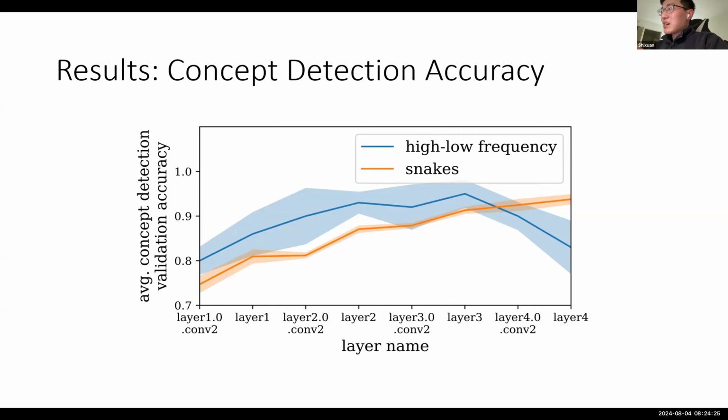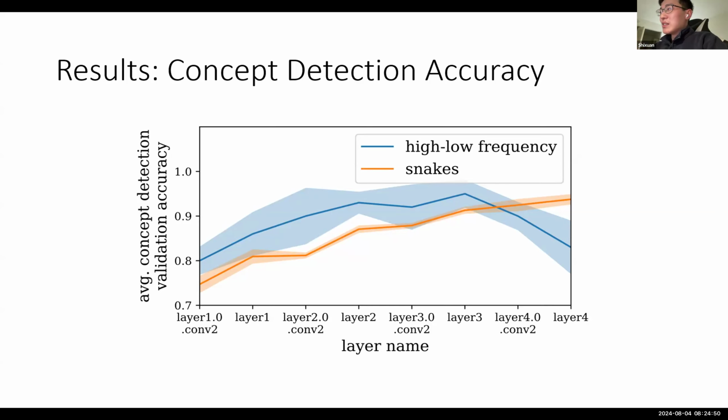And there are different trends for the two different kinds of concepts. For the first, abstract concept, the high-low frequency, it has an inverse U-shape, right? So the intermediate layers are better at distinguishing this kind of concept.